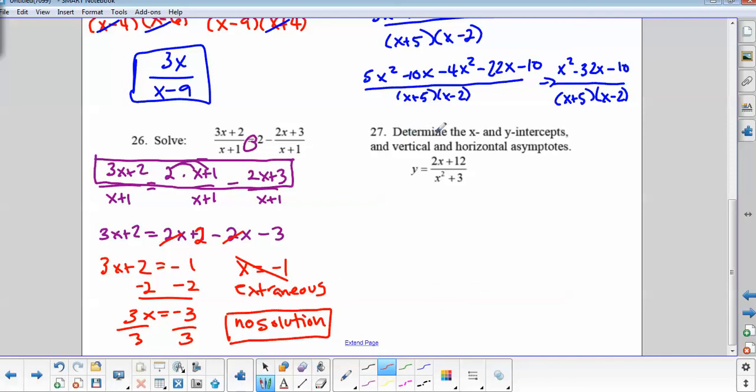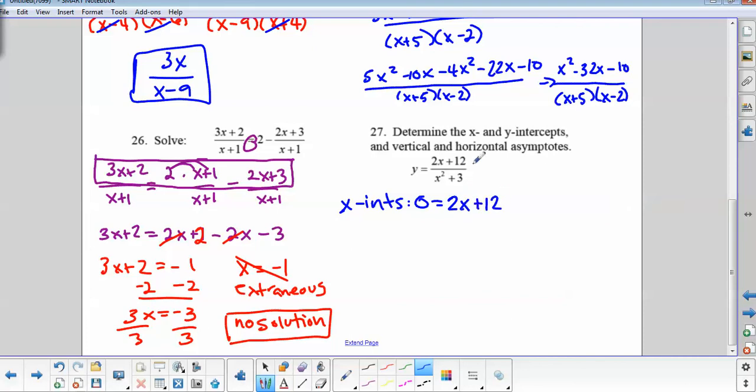Okay, in 27 we're going to find both the x and y intercepts and the vertical and horizontal asymptotes. So, x-intercepts. X-intercepts, you make your y 0. And you can write this whole fraction out if you want, but really it's just the numerator that you need.